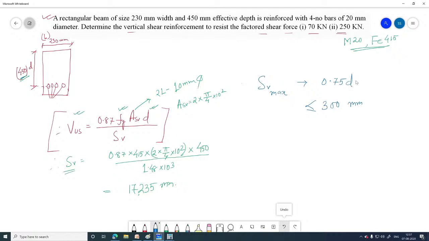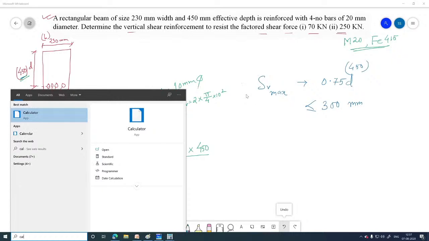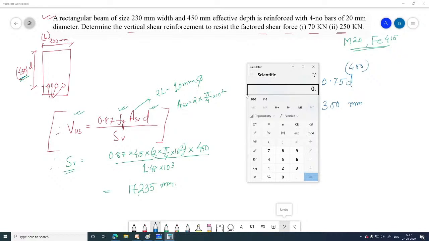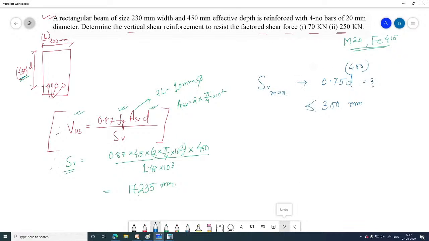So if you put the value of d over here, what is the value of d? That is 450. So 0.75 into 450, let's see what is the value. That is 337.5 mm. So definitely it is greater than 300. So we will not consider this particular value. We will consider this 300 because this particular value that we get is too much higher.